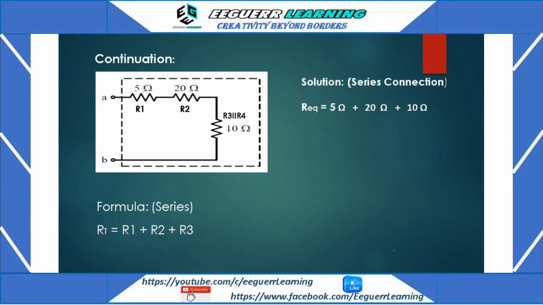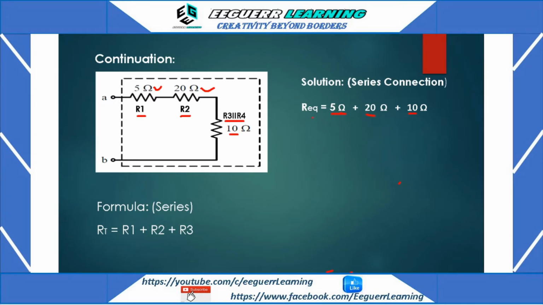So for R1, the value is 5. And for R2, the value is 20. And R3 is 10 ohms, R3 and R4 is 10 ohms.